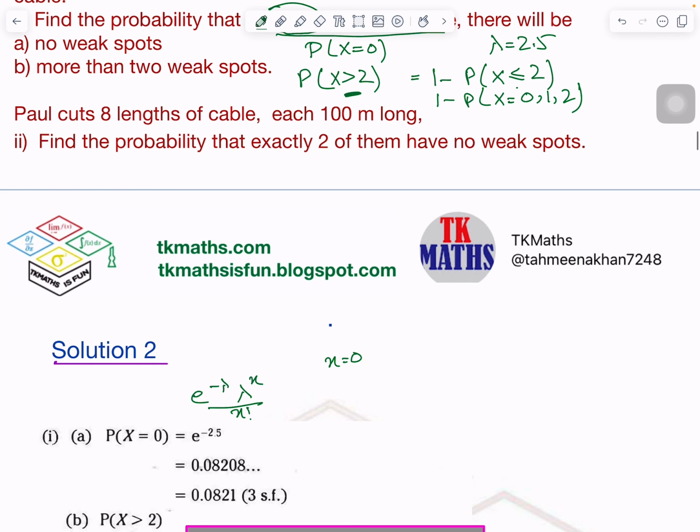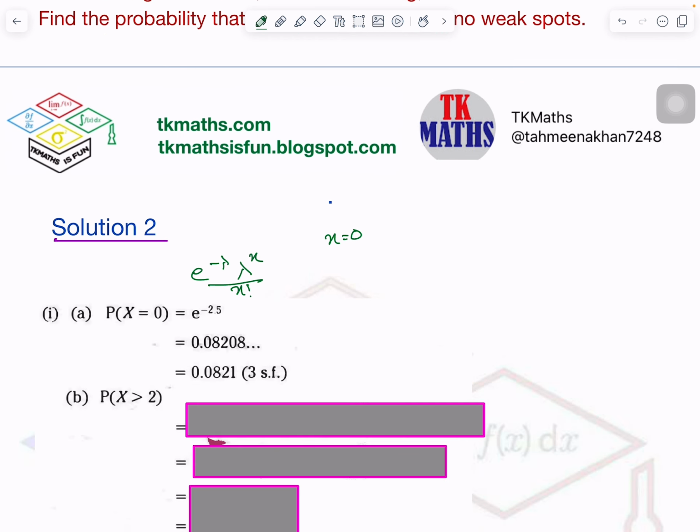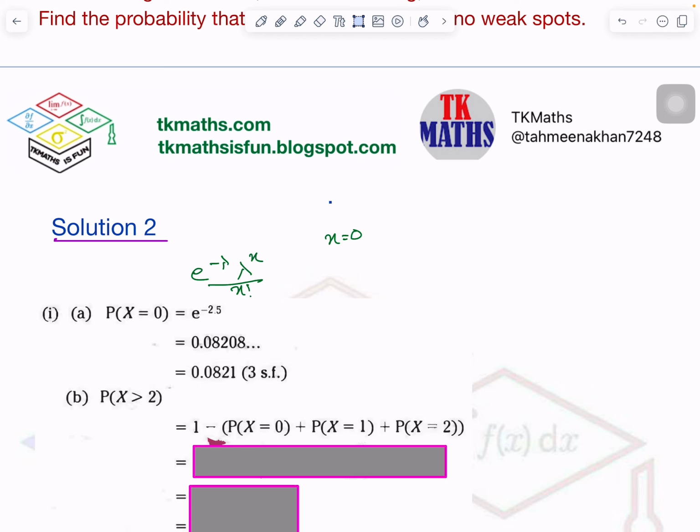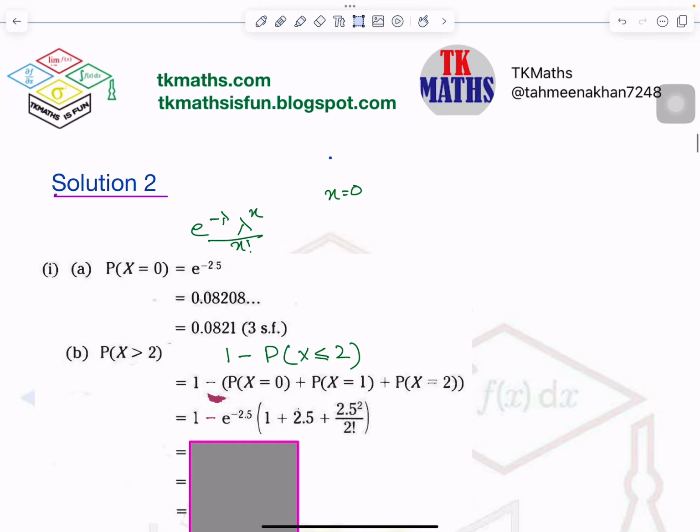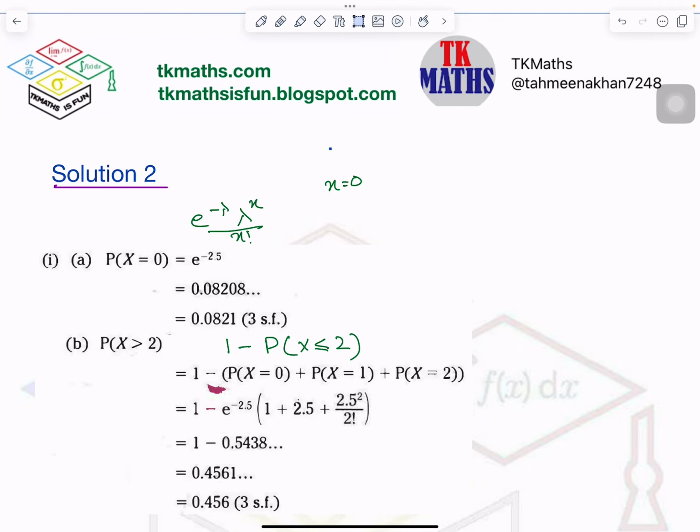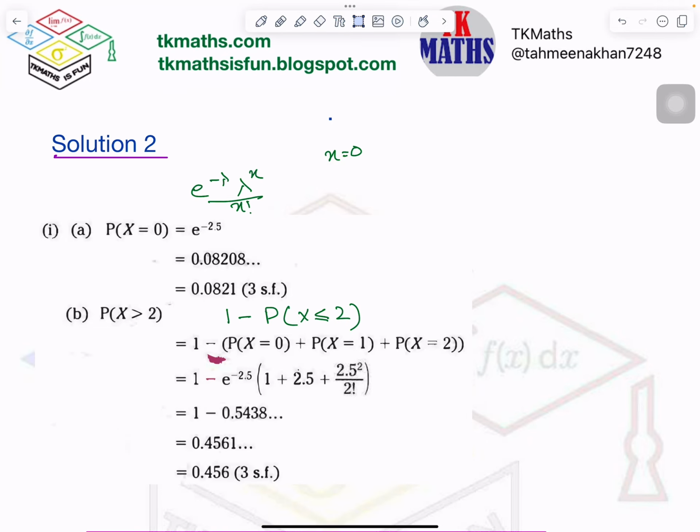The second was saying more than 2 weak spots, so it is x greater than 2, right? And I told you the reason here. Whenever we have greater than, we always do 1 minus. This is the only way to do it, because there is no end limit in the Poisson distribution. So this is how you will calculate. We have seen it in part 1, so I think this is not a problem.